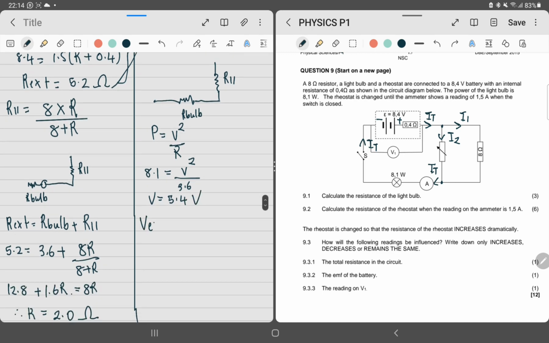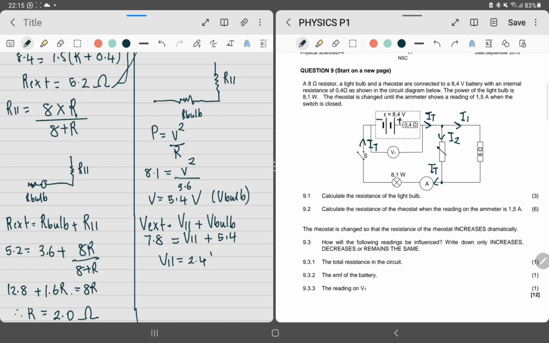And then we know that V external should be equal to V parallel plus V of bulb. This is the V of bulb. V external is 7.8. V parallel we don't have. The V of bulb is 5.4. So V parallel should be equal to 7.8 minus 5.4.